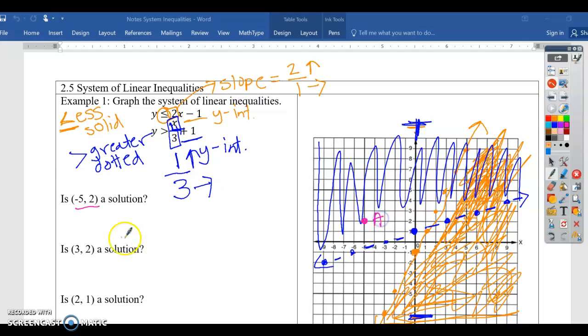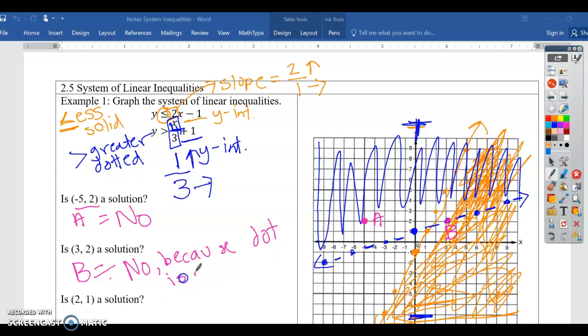So I'm going to call this point A. Okay, and point A is in the blue, but it's not in the orange, so I have to say no. Okay, 3, 2. Well, the problem with this one is it's in the orange, but it's on the blue dot. And so since it's on a blue dot and it's dotted, this is going to be a no, because a dot is not included.